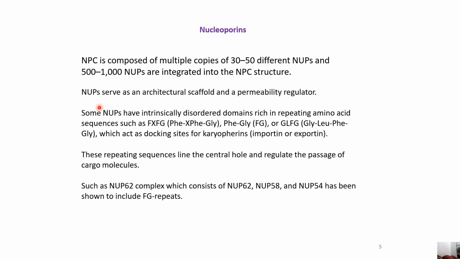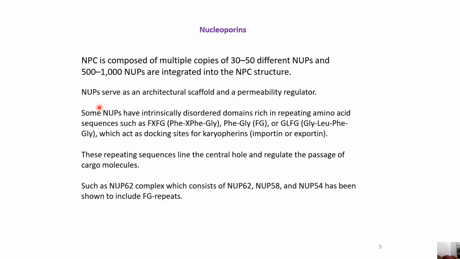Some NUPs have intrinsically disordered domains rich in repeating amino acid sequences such as FXFG, phenylalanine-X-phenylalanine-glycine, phenylalanine-glycine, or glycine-leucine-phenylalanine-glycine, which act as docking sites for carrier-ferrets, like importin or exportin.